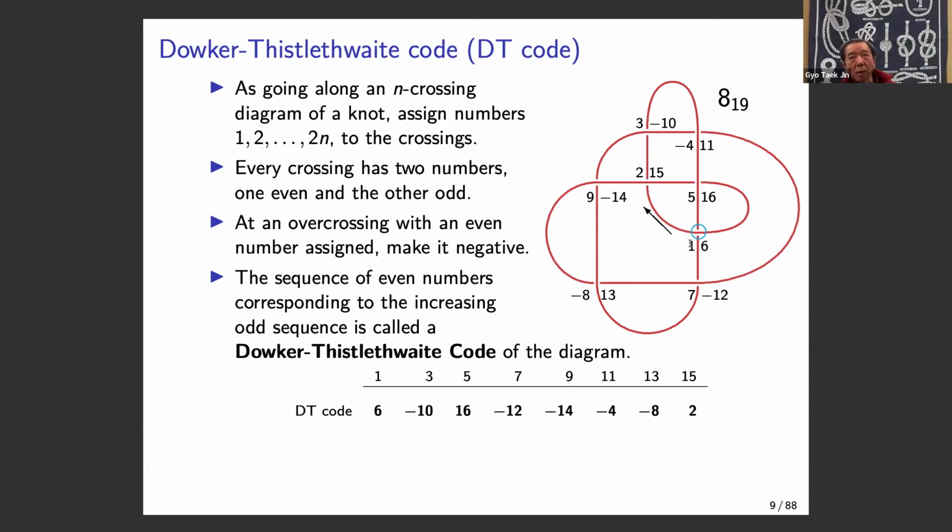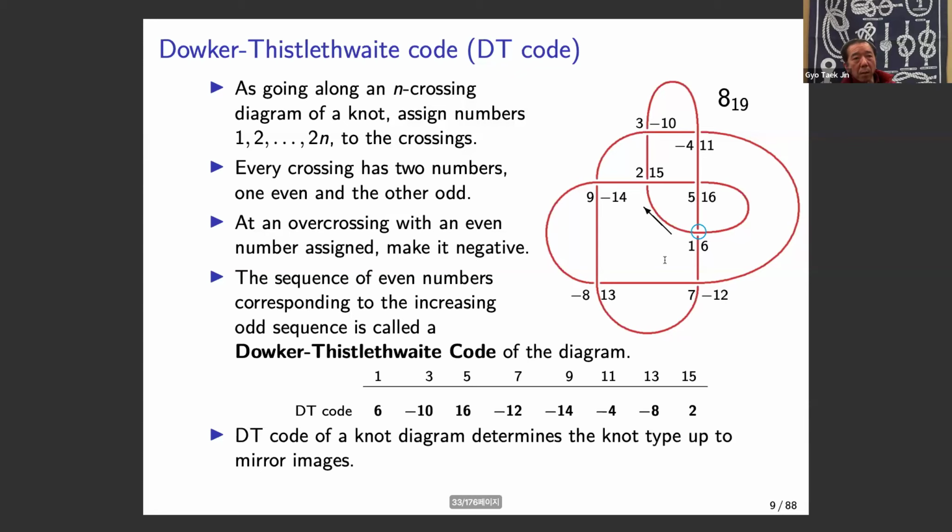So for 1, it's 6. For 3, it's -10 because 3 goes under, so the 10 goes over. So it becomes -10, and so on. And a DT code of a knot diagram determines the knot type up to mirror images.